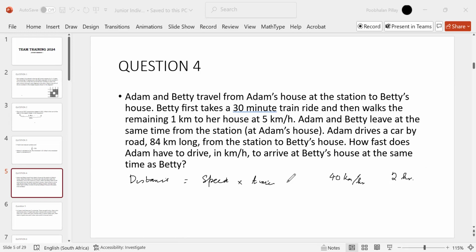Then how far is it from Petermarisburg to Durban? Distance, speed times time, will give you 80 kilometers. You can understand that without the formula: in 1 hour he travels 40 kilometers, so in 2 hours he would have traveled 80 kilometers. But sometimes it's useful to know that the speed multiplied by the time is the distance.